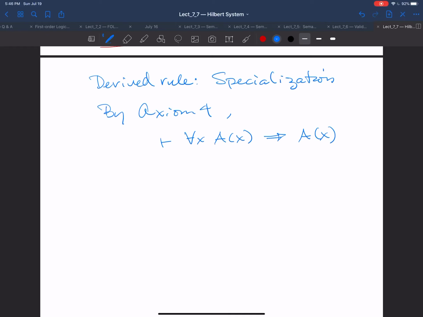They're not going to fall within the scope of a quantifier for all x or there exists x. So if the term t referred to in axiom schema 4 is x itself, that's not a problem. x is free for itself in A. So we have this as a theorem of our deductive system.